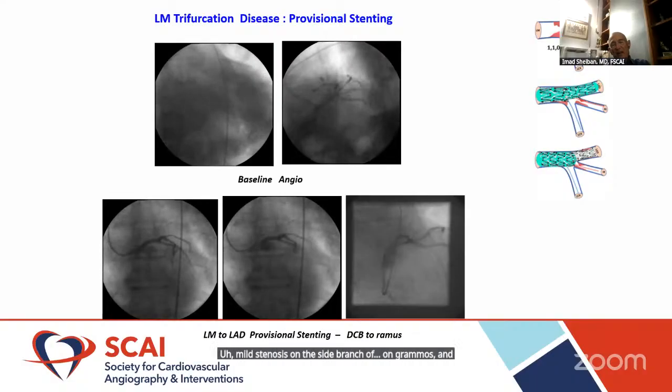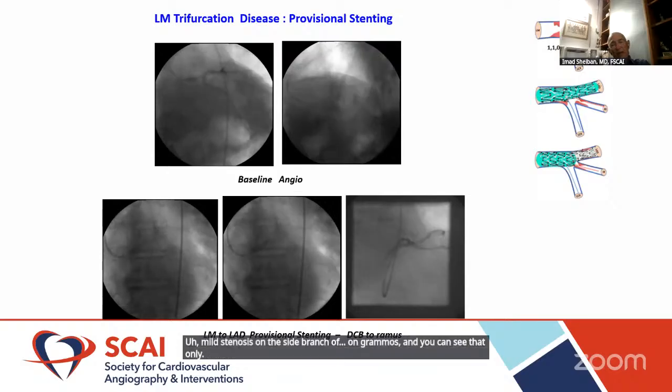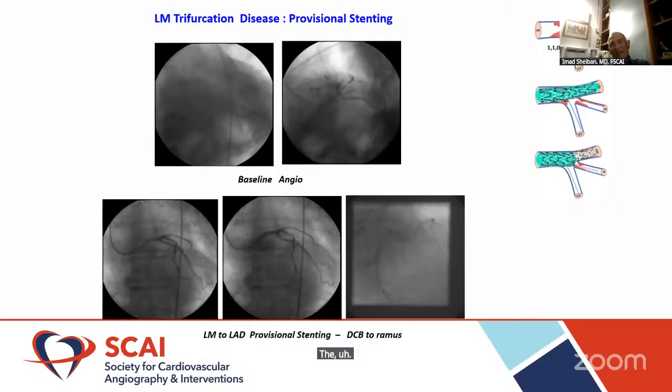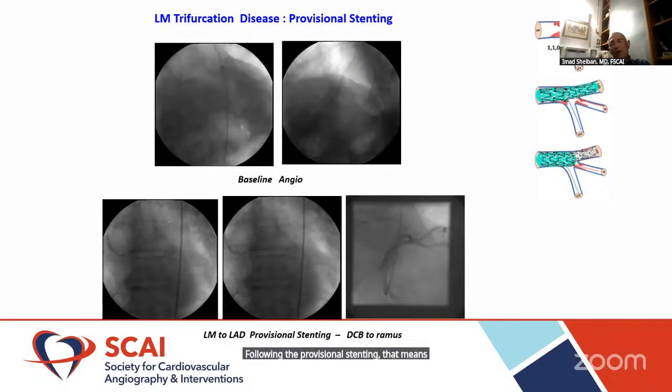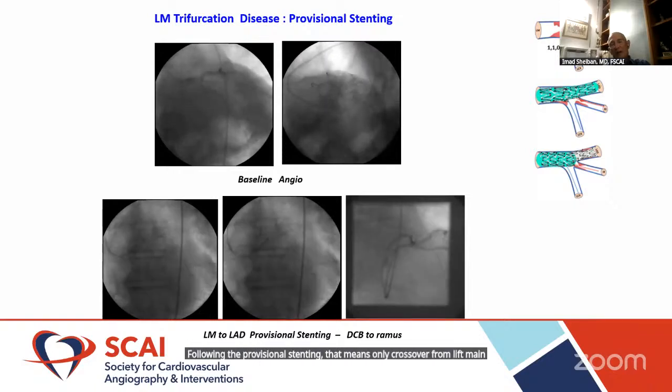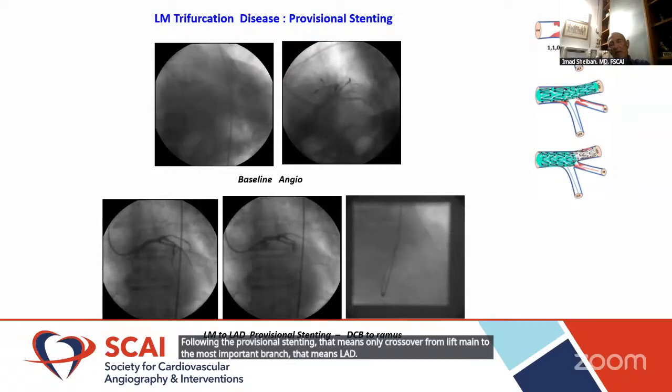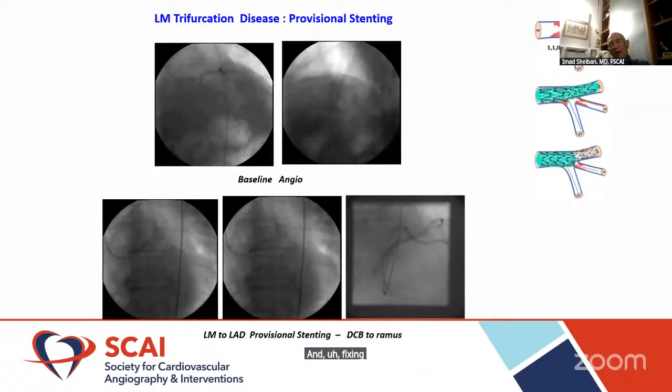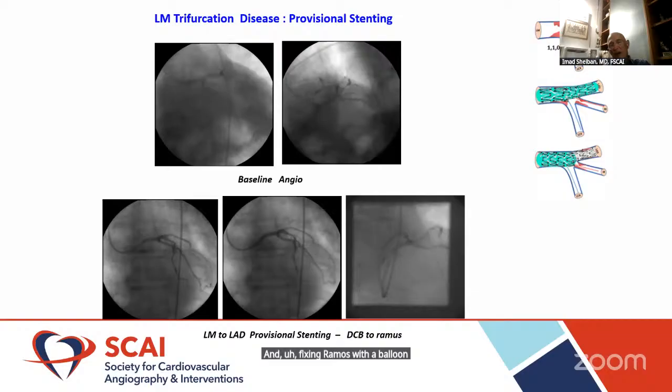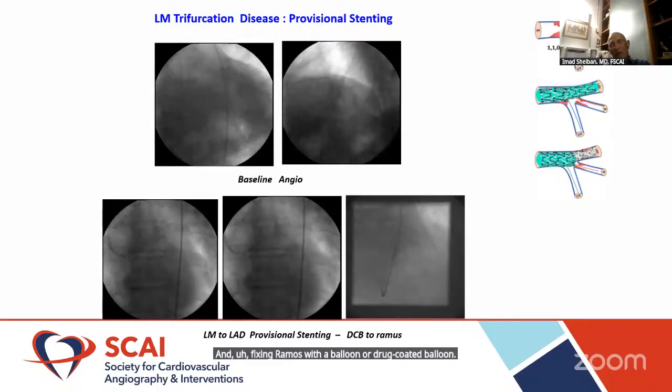And you can see that only following the provisional stenting, that means only crossover from left main to the most important branch, that means LAD, and fixing ramus with balloon or drug-coated balloon, this will be the final result.